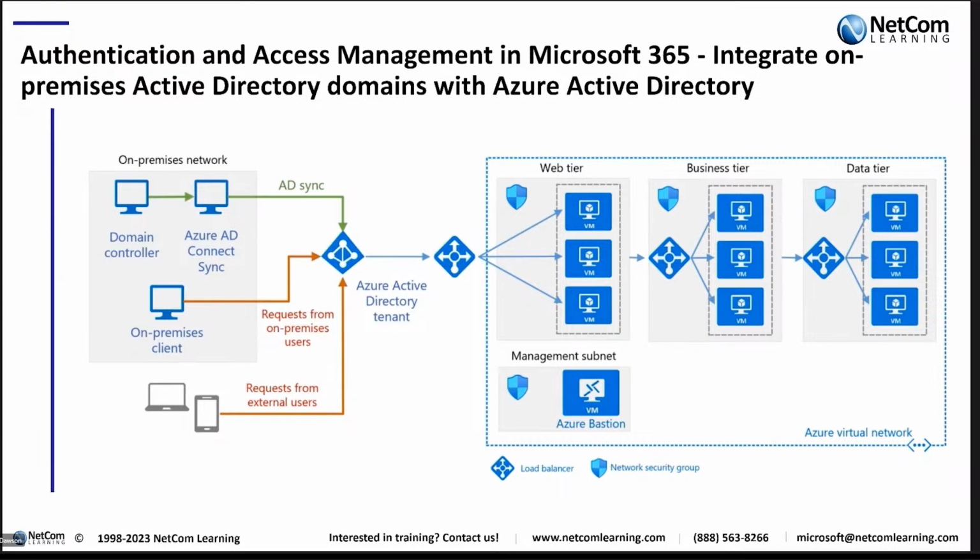So we don't have to worry about going in and changing IP addresses and giving access to other resources and so forth. This just allows us an extra layer of security and administrative capabilities to allow the system to work better.